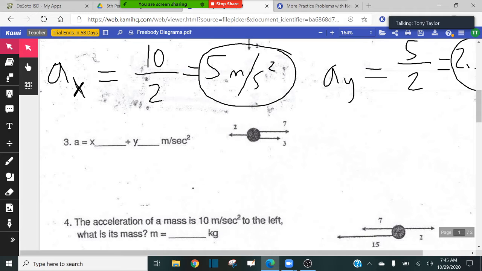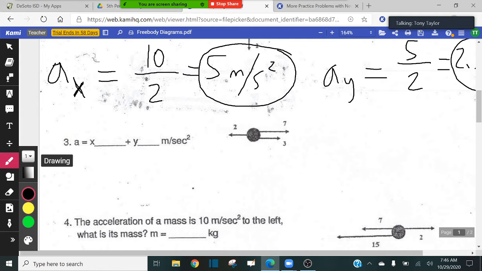Let us look at number 3. Number 3 is asking us to find the acceleration in the x direction as well as the acceleration in the y direction. So how do we do that? Well, let's start with the acceleration in the x direction first. So let's combine our forces. Notice I have a positive 7, a positive 3, and a negative 2.